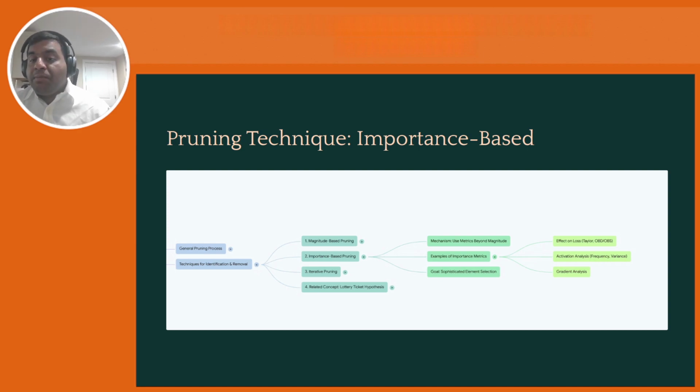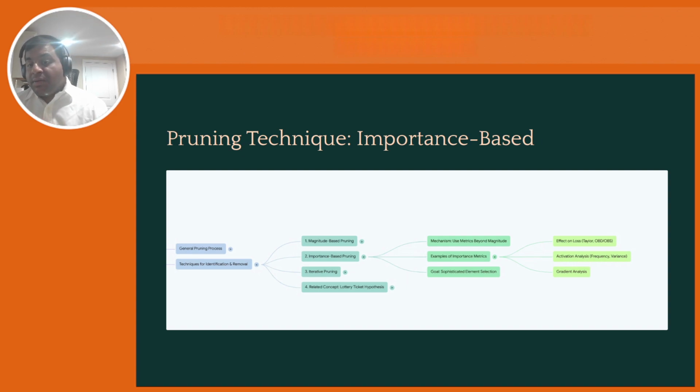Beyond just magnitude, importance-based pruning uses more sophisticated metrics to determine which elements to remove. Instead of just looking at the weight size, it might consider the effect of removing an element on the model's loss function, using techniques like Taylor expansion and other things. It can also analyze activation statistics like frequency or variance, or look at gradient information.